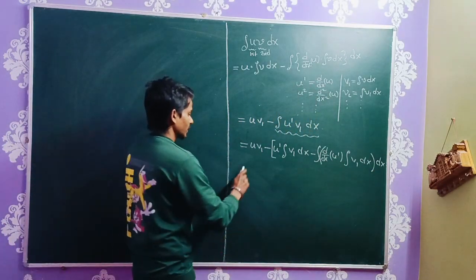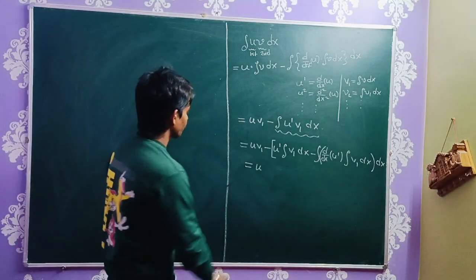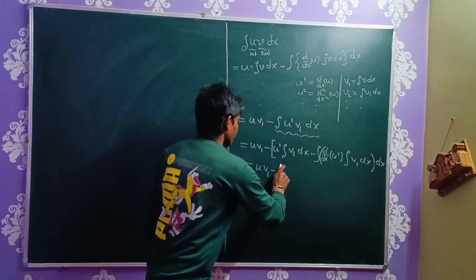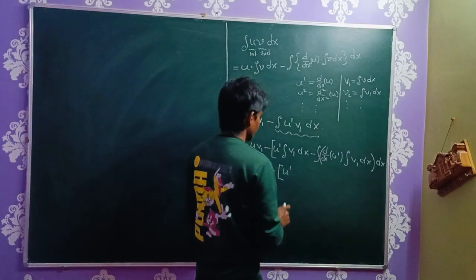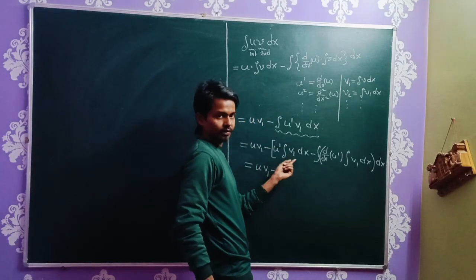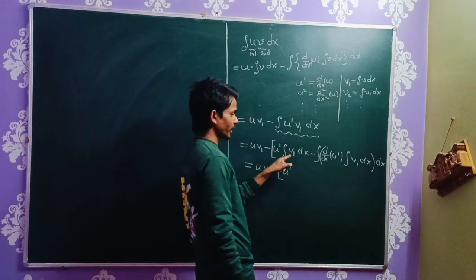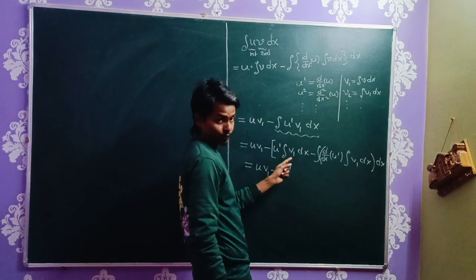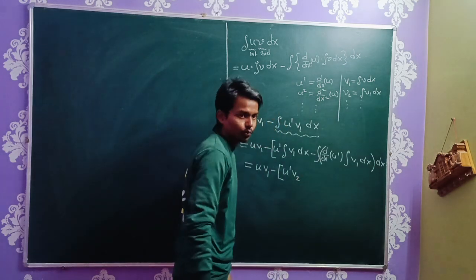So now this is u v1 as it is, minus inside the bracket u1 as it is, times the two-time integration of v with respect to x, because already you did one integration and now you are doing the next one, so the second integration, by symbol v2.